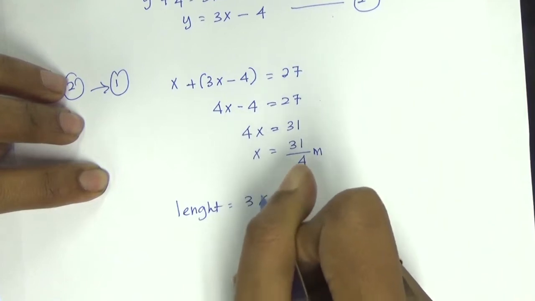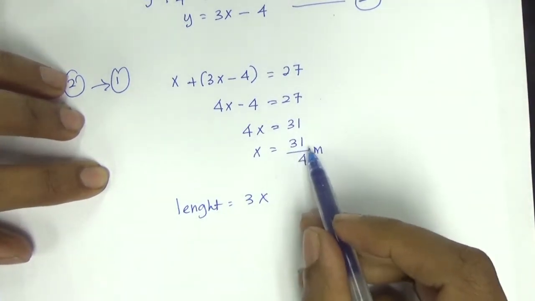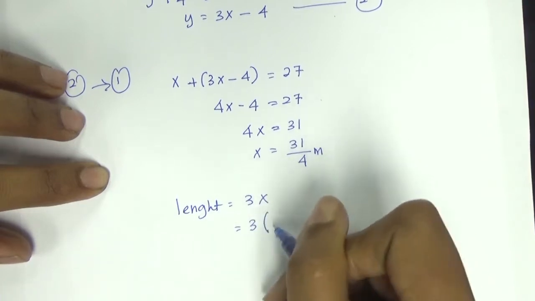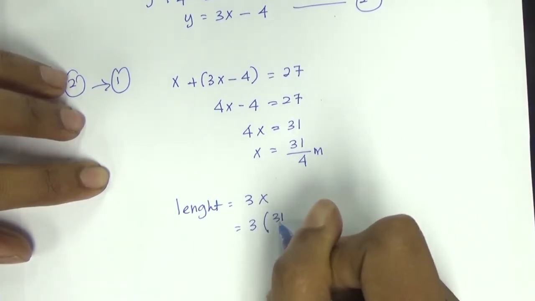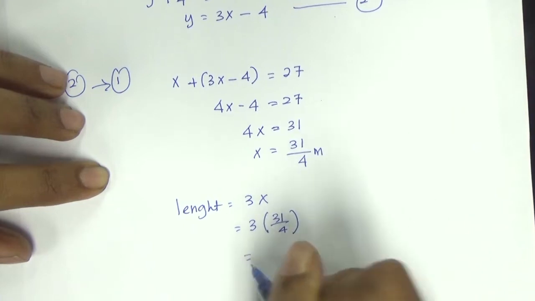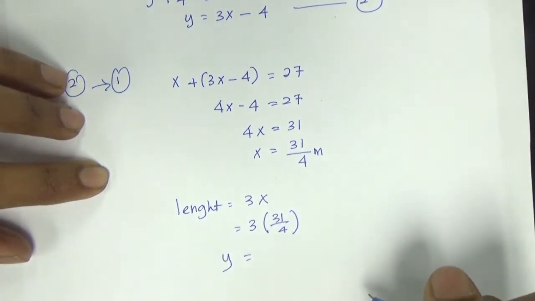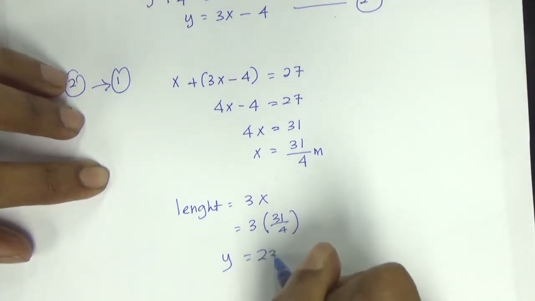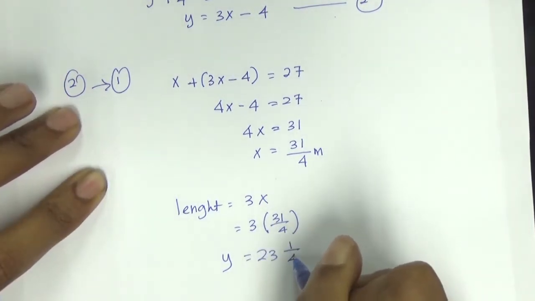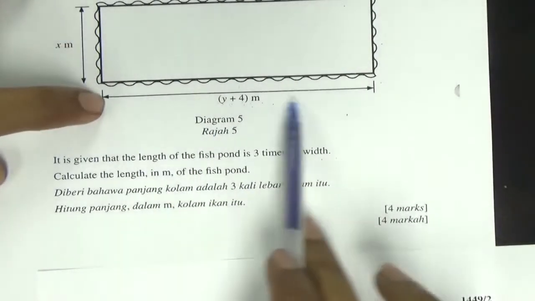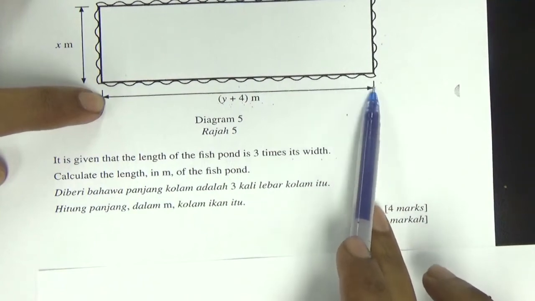So 3x. So x is 31 over 4 meter. So 3 times 31 over 4. So the answer for the y, or for the length, we will get is 23 1 over 4 meter. So this is the answer for the length of this pond.